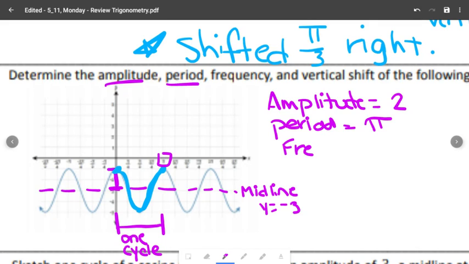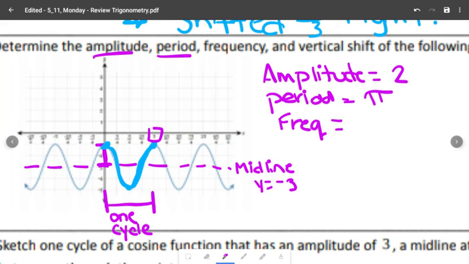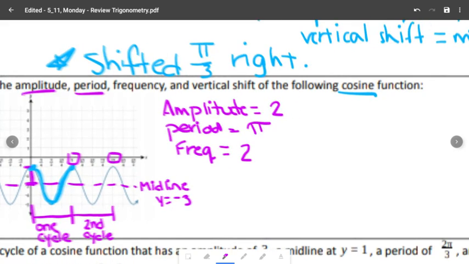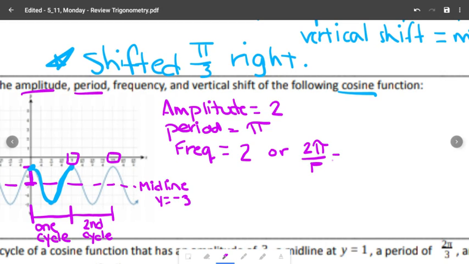Frequency. There are 2 ways we can find frequency right now. Frequency is how many cycles are in a length of 2 pi. So we had 1 cycle to pi, and then we had a second cycle, got us to the 2 pi. So my frequency would be 2. Or you could have done the formula for frequency, 2 pi divided by the period.